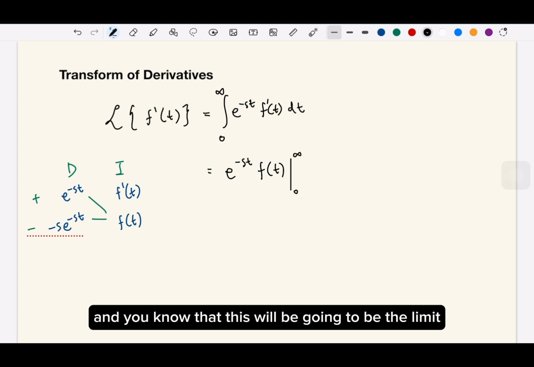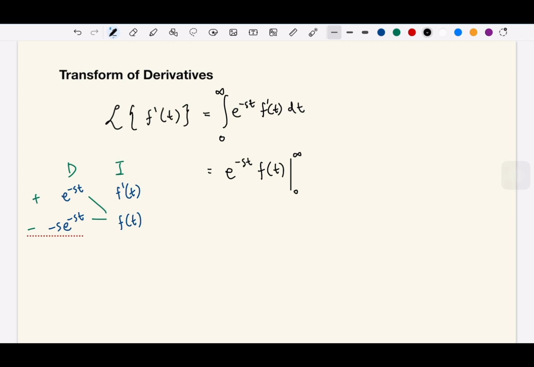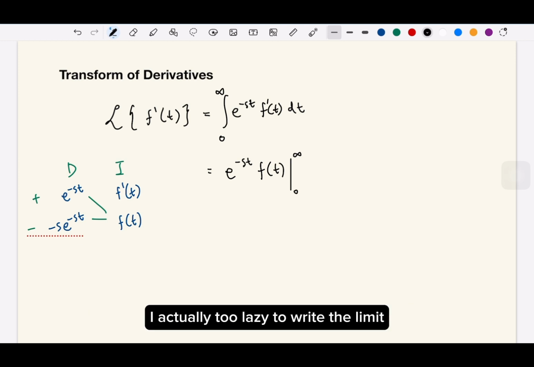You know that this is going to be a limit, but let me just write it to keep it simple. I'm actually too lazy to write the limit.